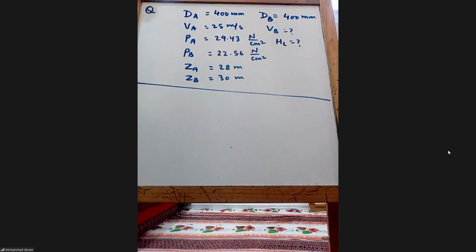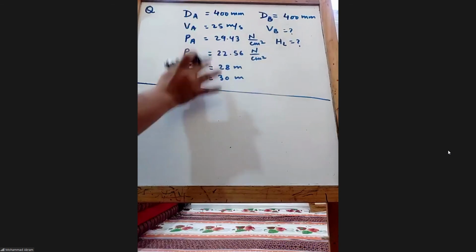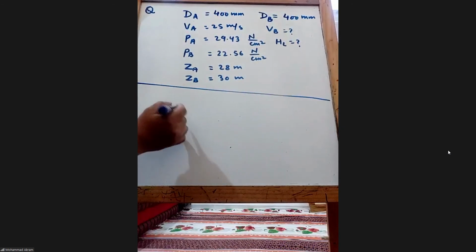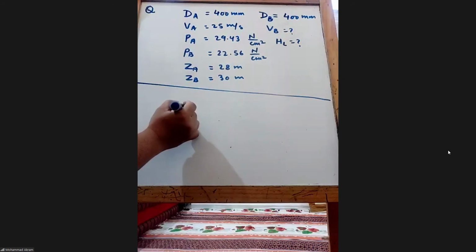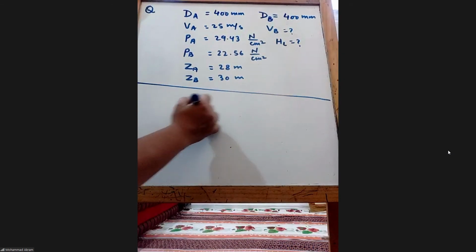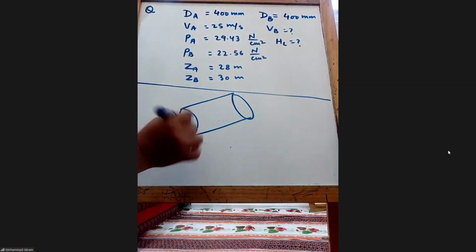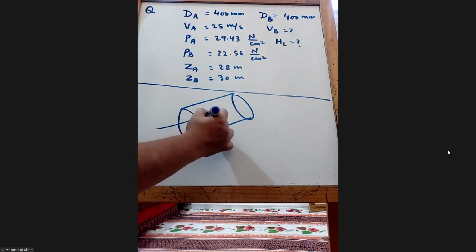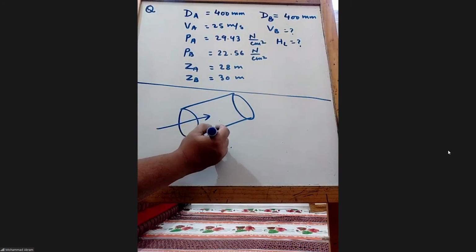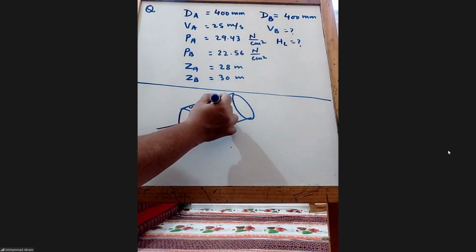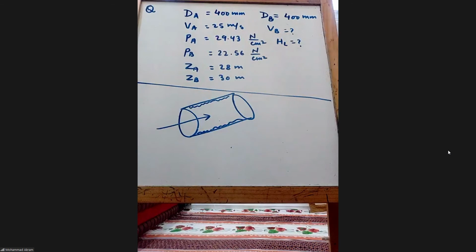If it is same, no problem. Now I'm not directly explaining this question first. I'm explaining what is loss of head. Whenever we have a flow through a pipe, whether it is equal diameter or different diameters, there will be some friction or some losses of energy, some energy is absorbed in the pipe.